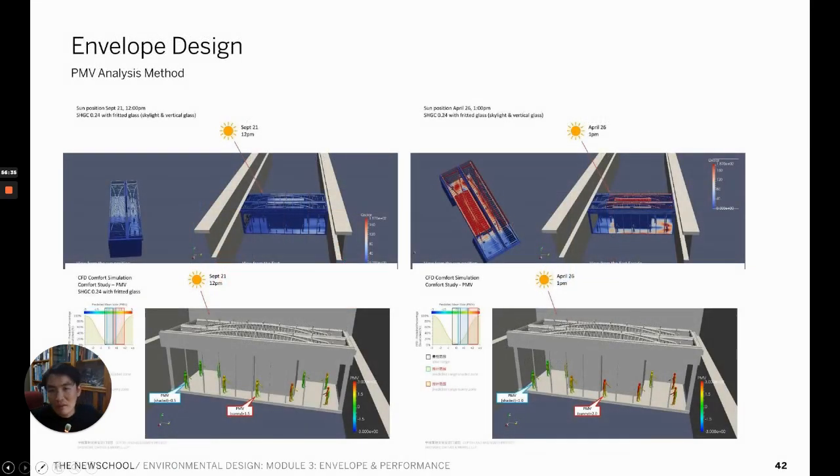And this is the case study for another complex design scenario, and you can also use the PMV analysis methods that we learned in the second class, and you can simulate it.